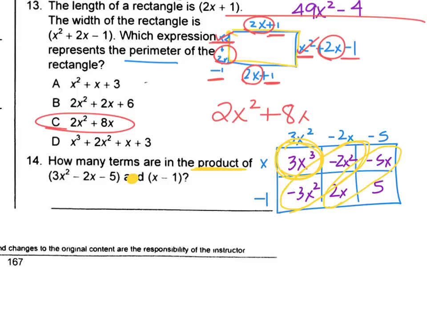My x's here will combine, that will be another term. And then the 5 will be left. So I can look at this and say that the final answer is going to have 4 terms. Now, it may help you to actually get the answer and then count them up. That's going to be 3x to the third minus 5x squared minus 3x plus 5. That gives me 1, 2, 3, 4 terms.